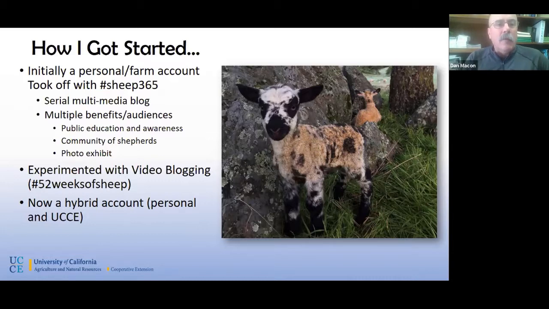What really took off for me is that I started a project, I think in the fall of 2015. I decided that because Instagram was such a great way to microblog and share photographs, that I was going to do one picture of something to do with our sheep operation every day for a year. And I tagged that with the hashtag sheep365.